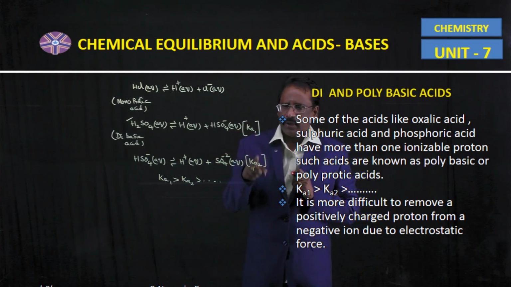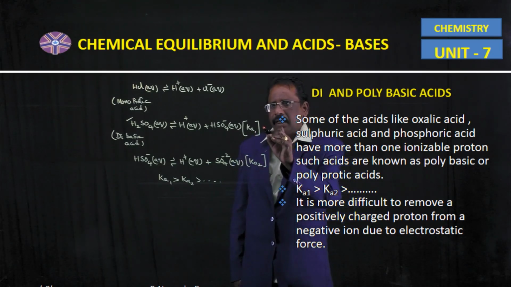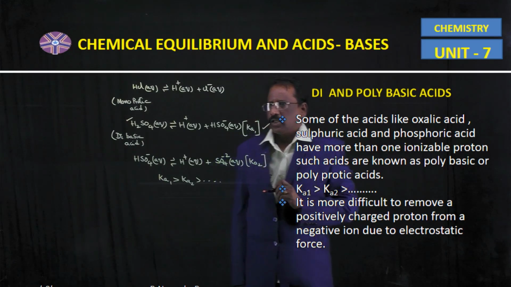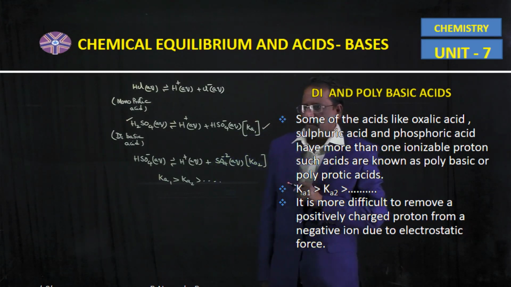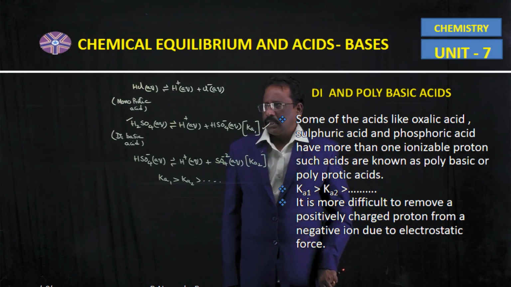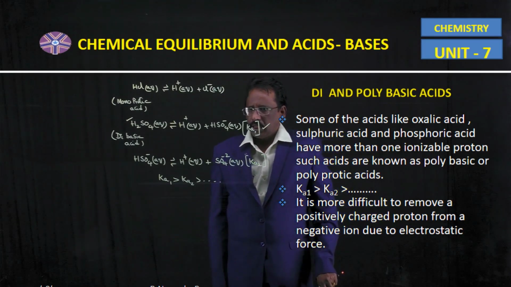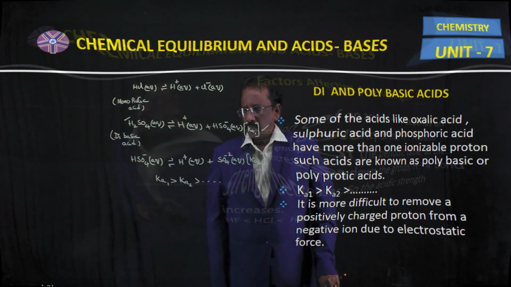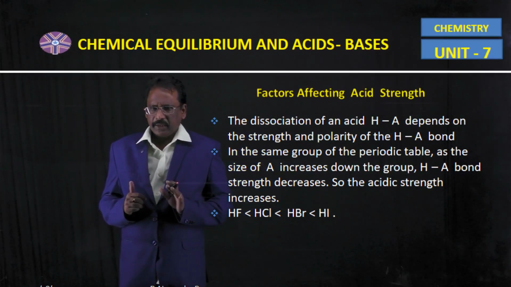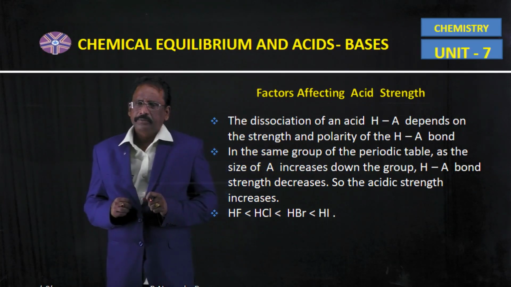This is Ka1 and Ka2, and here this Ka1 is more when compared with Ka2. So this is about the dissociation of diprotic acid.